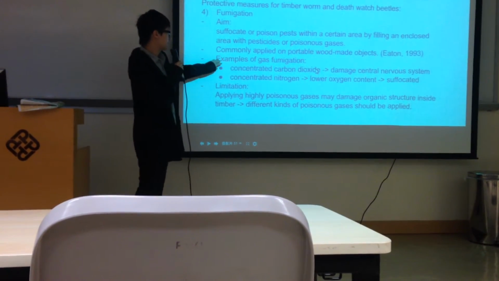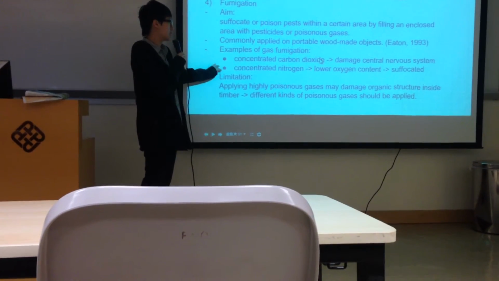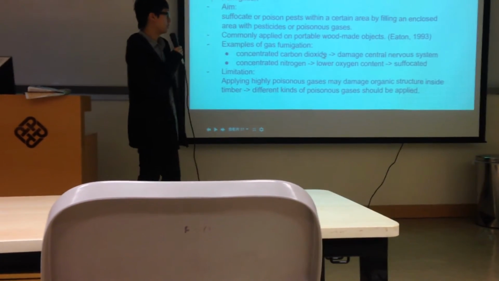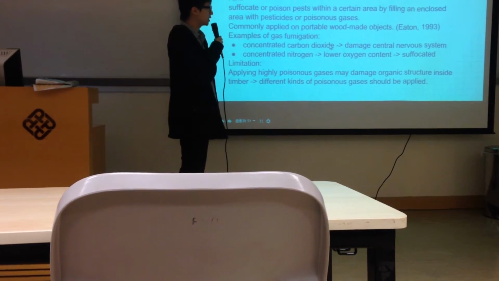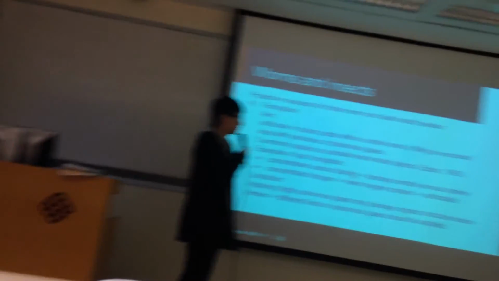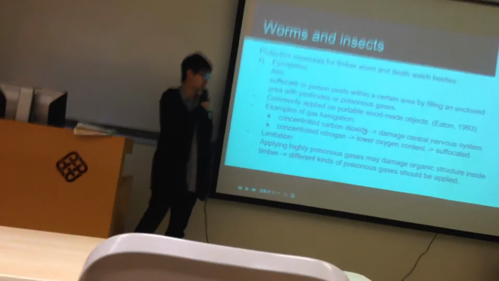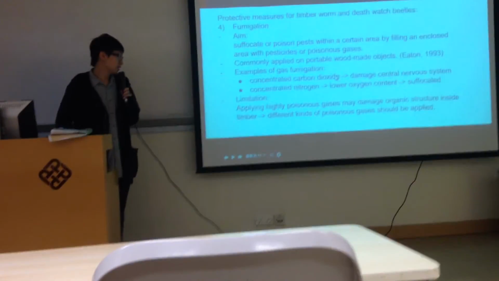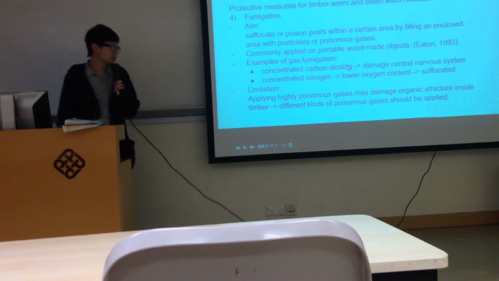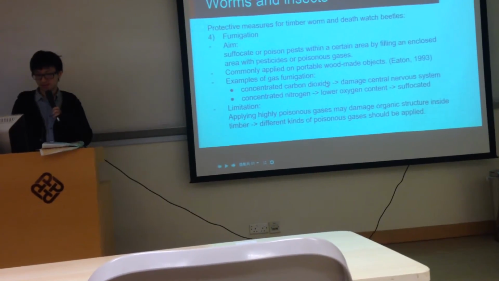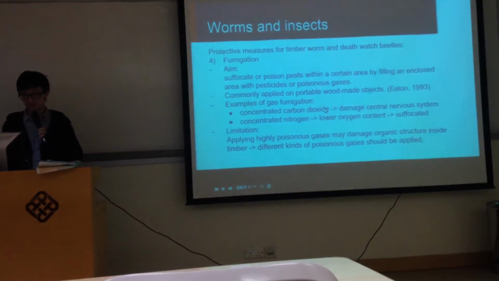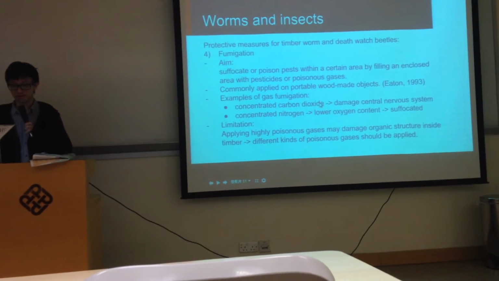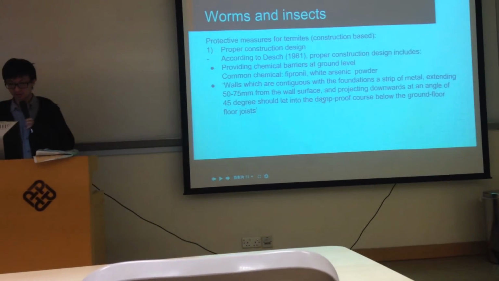Some examples of gas fumigation are carbon dioxide and nitrogen, which damage the central nervous system of the pest and suffocate pests. The limitation is that it may also damage the organic structure inside the timber. Therefore, it is commonly applied on portable wood-made objects only.